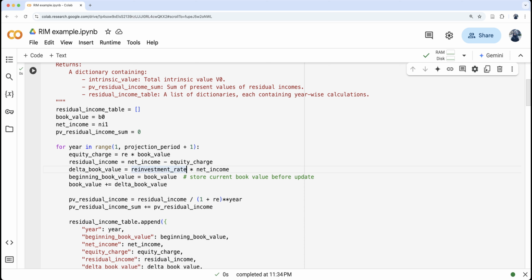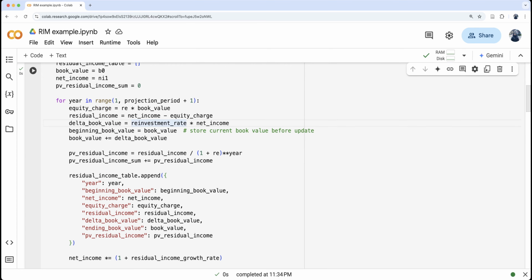Then delta book value, the change in book value, is the reinvestment rate multiplied by net income. Reinvestment rate is the retention rate, 1 minus payout rate, right? The beginning book value is the book value here, and we add delta book value, so that way we update the book value. Then PV of residual income is divided by the discount factor for the year, and the PV of residual income sum keeps adding the residual income part.